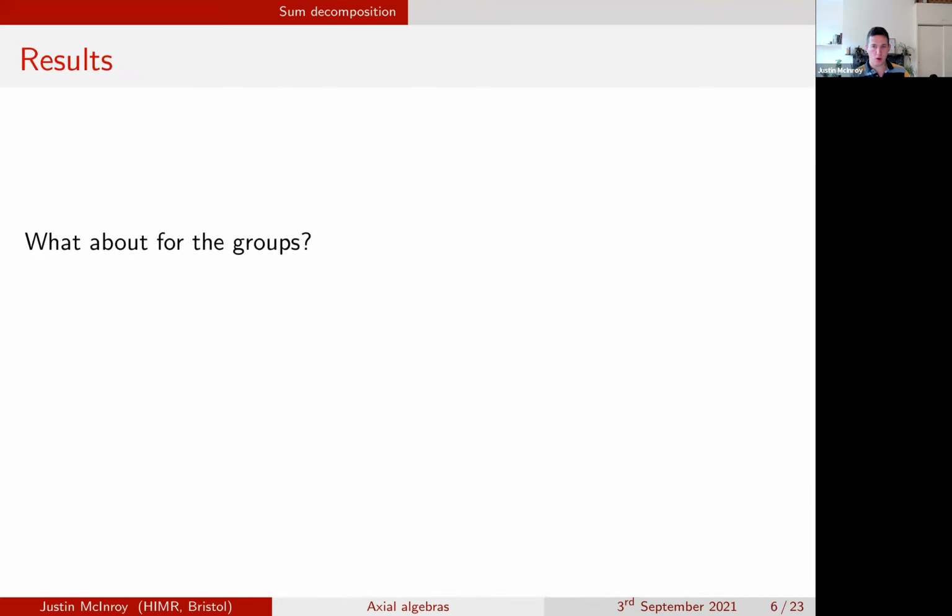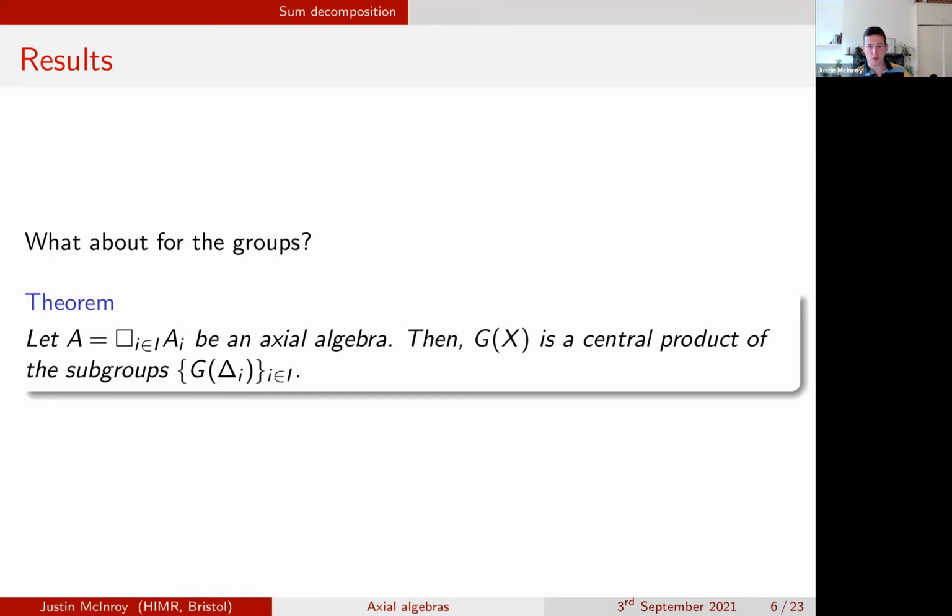So what progress have we made on this? Let's think about what happens on the level of groups first. For groups, we have the following. Suppose we've got this sum decomposition. I've changed notation here; I'm so sorry, this is the Miyamoto group. I'll correct these slides later; this is also on my website.